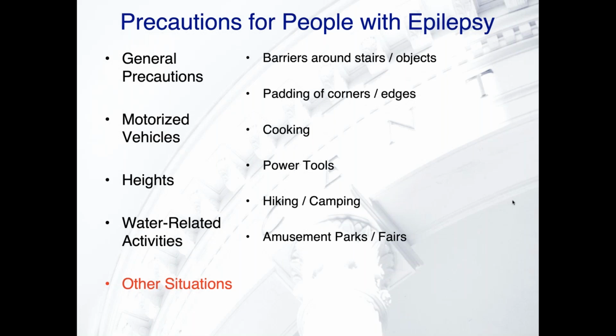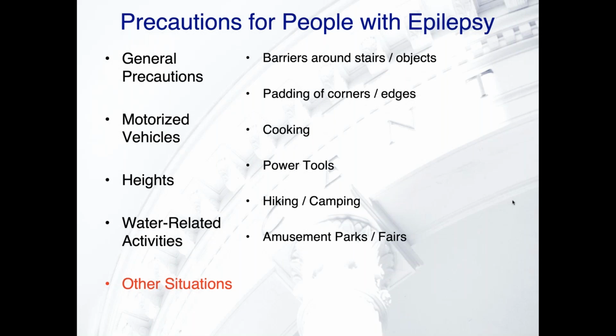Finally, I get asked about amusement park rides and fairs quite frequently this time of the year. My default answer is that you have to follow the rules that the amusement park or the fairs have. And a lot of these will have rules that say, if you have epilepsy, if you have seizures, that you should avoid these rides. At the same time, I think it's important for people to be able to live their life and for people to go out and have fun.